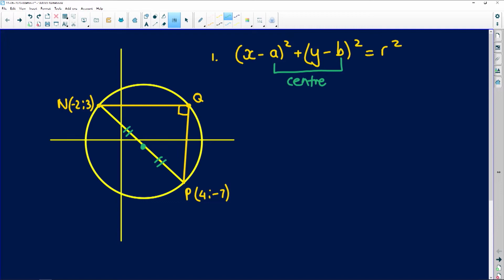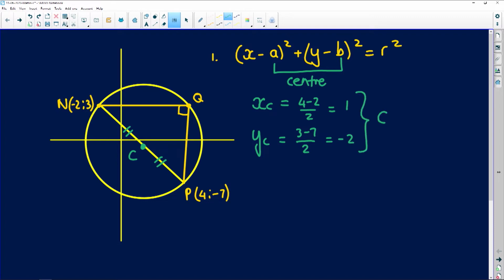I'm going to call that center C. For the x coordinate of C, I add the two x values. So it's (4 minus 2) over 2. Well, 4 minus 2 is 2, so 2 over 2 is 1. The y coordinate for C is the same thing. (3 minus 7) divided by 2. Well, that's minus 4 divided by 2, which gives us minus 2.